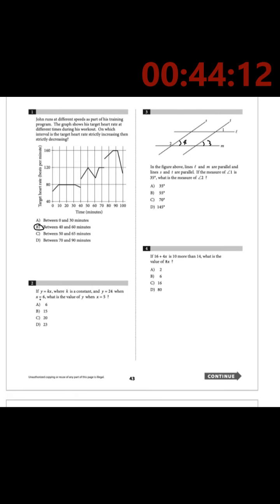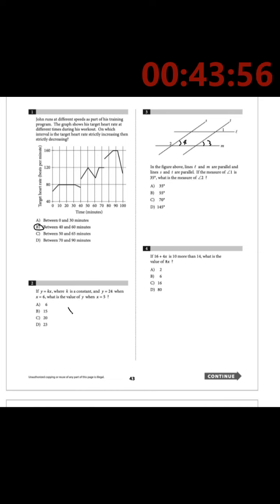Okay, for 2, if y equals kx, where k is a constant, and y equals 24 when x equals 6, what is the value of y when x equals 5? So let's find k.